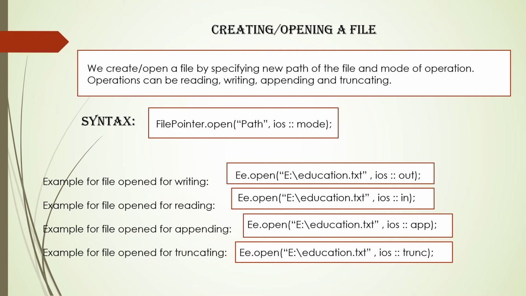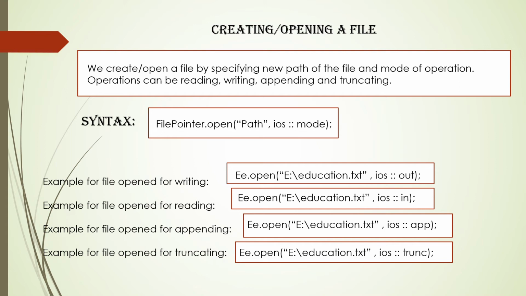And if in appending mode, that is, you want to add something at the end of the file, then for that purpose we use append mode, and for that it is ios::app. For truncating, that is, if you want to remove some content from the file without deleting the file, then for this purpose we can use truncating mode, and for that ios::trunc.